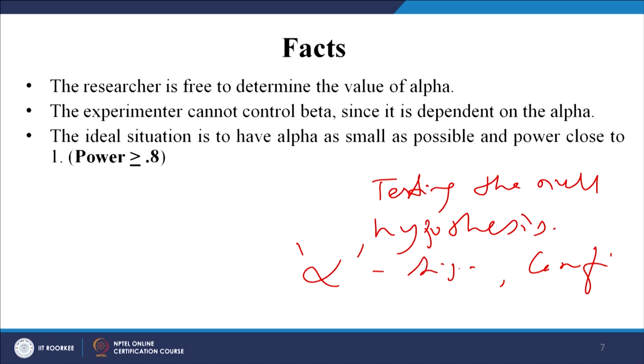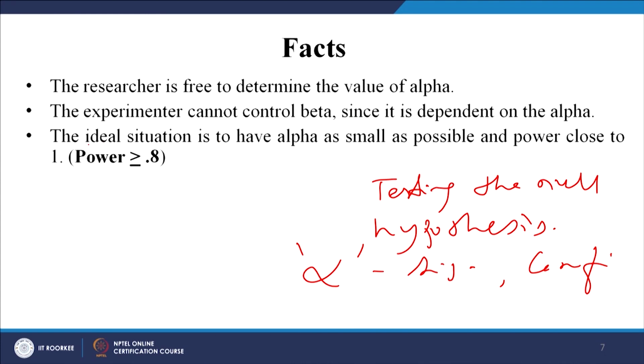The ideal situation is to have a small alpha and power close to 1, but a very low alpha also will create very high problems. Statisticians have found that when the power is greater than or equal to 80%, it is considered to be a very strong or a good test.